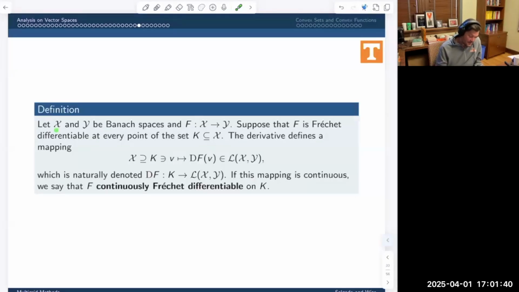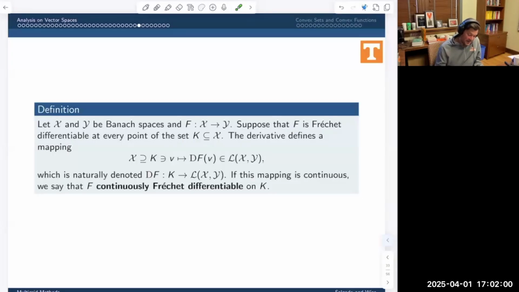So let X and Y be Banach spaces, and suppose that f is a mapping from X to Y. We're going to suppose that f is Fréchet differentiable at every point of the set K, which is a subset of X.